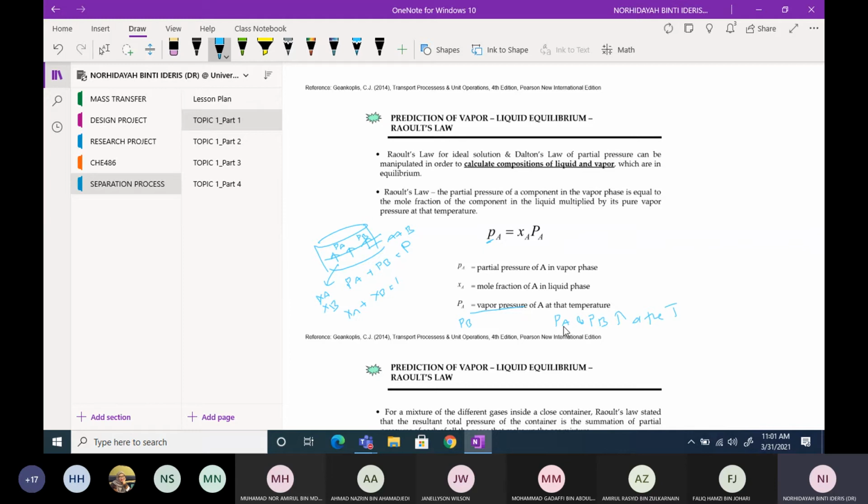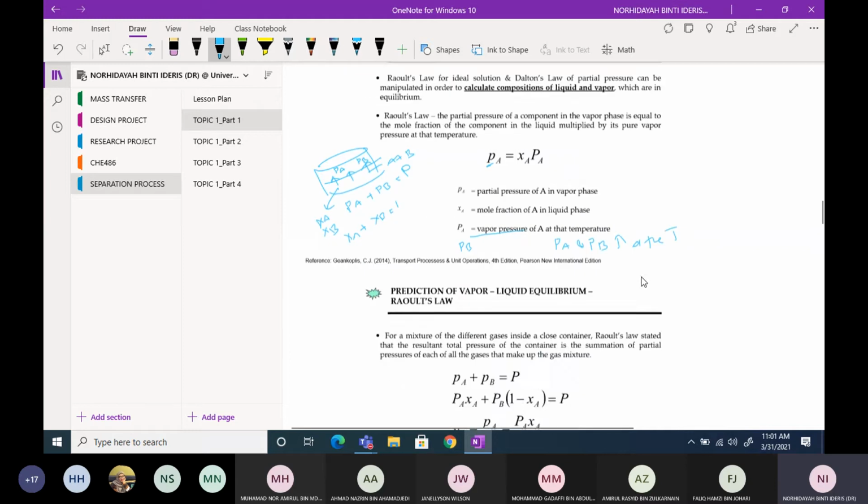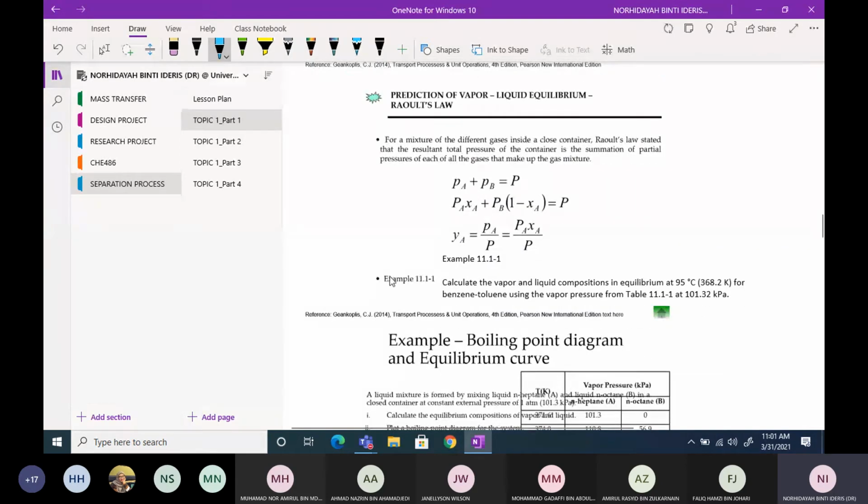So for example here, you have the book, right? Now take a look at example 11.1-1. Refer to table 11.1-1. Can you flip your book right now or go to your PDF books?